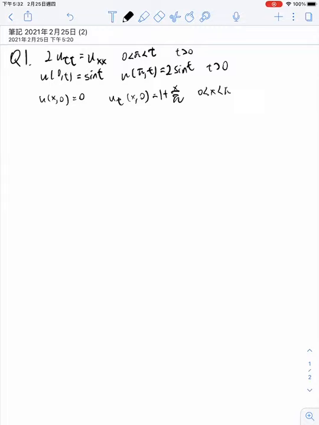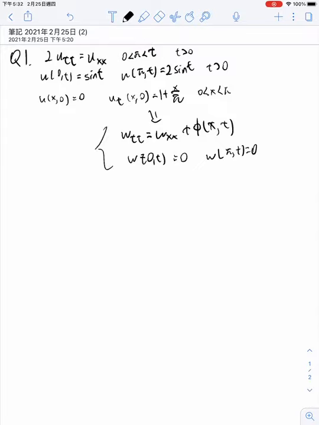So what we're going to do in this question is transform the problem into another form first, something like this, where the boundary now becomes a homogeneous one. Then we solve this part by eigenfunction expansion.